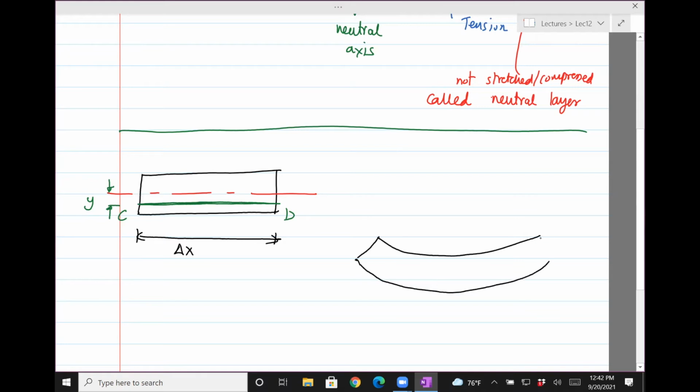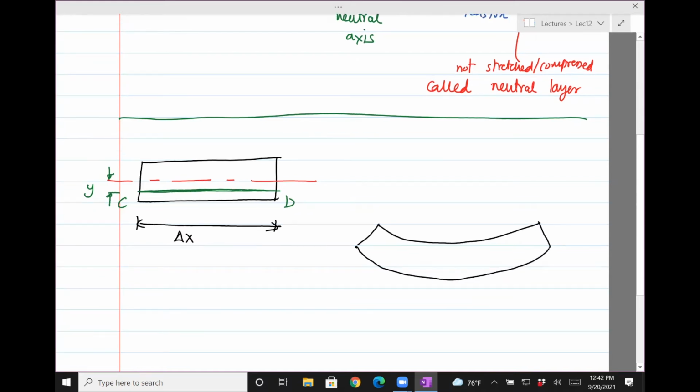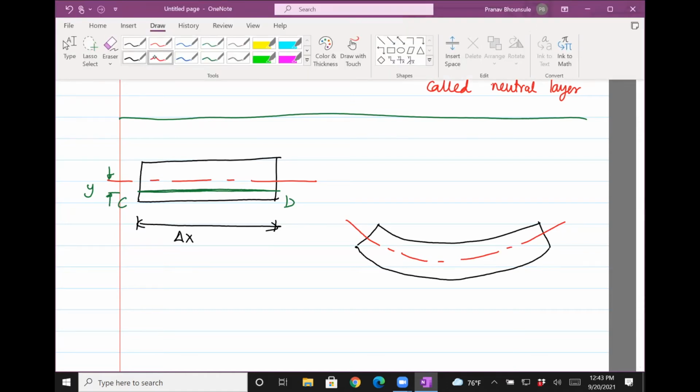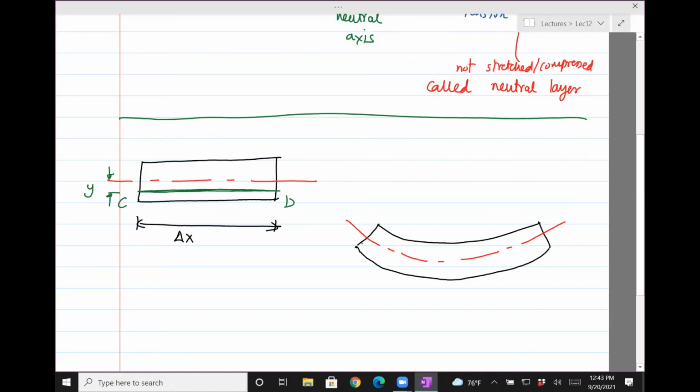I'm really drawing it exaggerated. So that layer in red is the neutral layer, the neutral axis, and that's unstretched. But then the layer CD, which is at distance y, is going to be stretched.